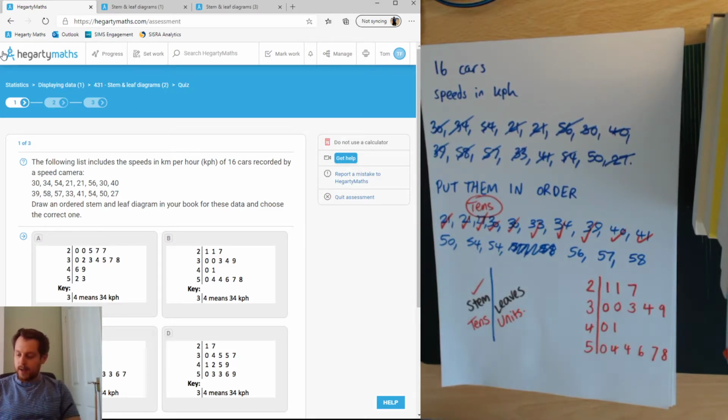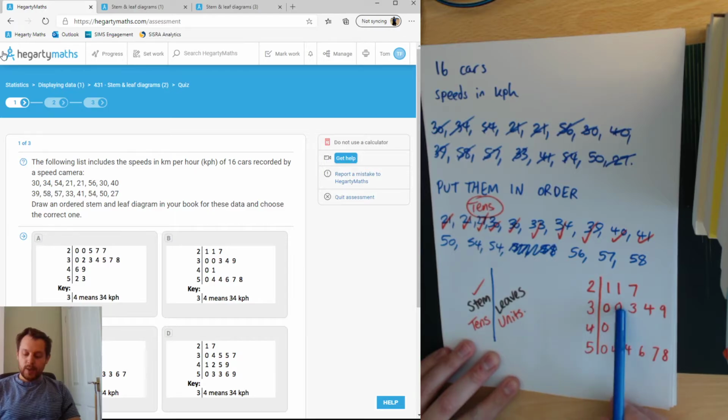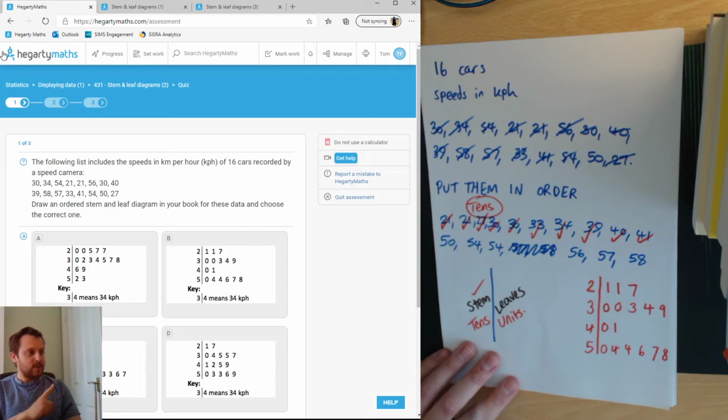So let's just check again exactly what this means. This picture here really means 21, 21, 27, 30, 30, 33, 34, 39, 40, 41, 50, 54, 54, 56, 57, 58. And now there are some nice things you can do to check you haven't made any silly mistakes, right?